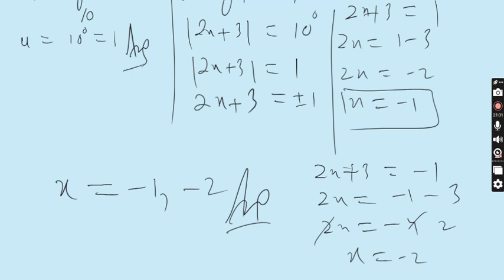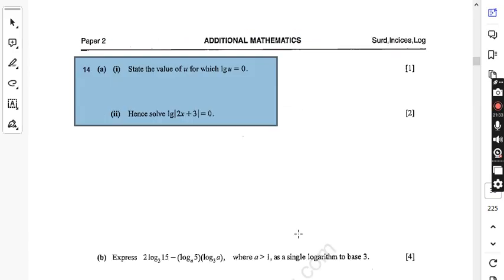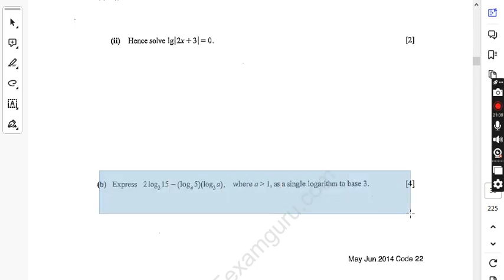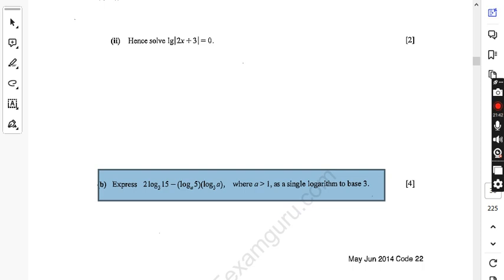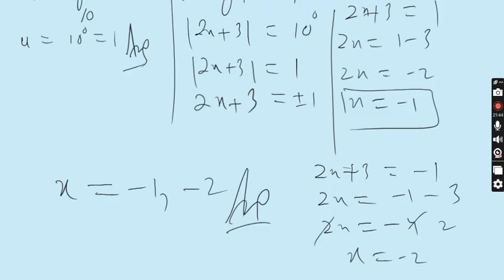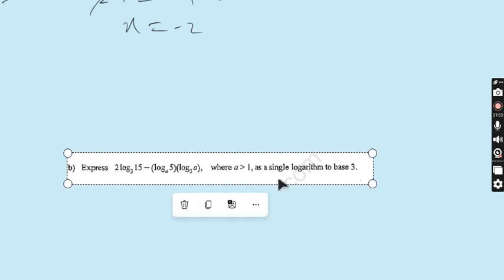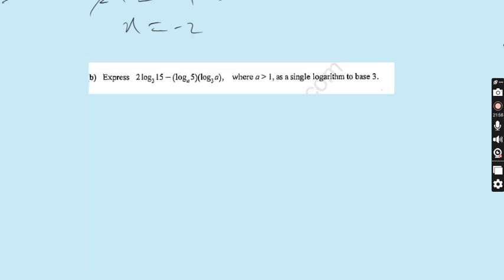Move to the next part of the same question. Next part is express 2 log 3 15 minus log a5 log 3a as a single logarithm to base 3.